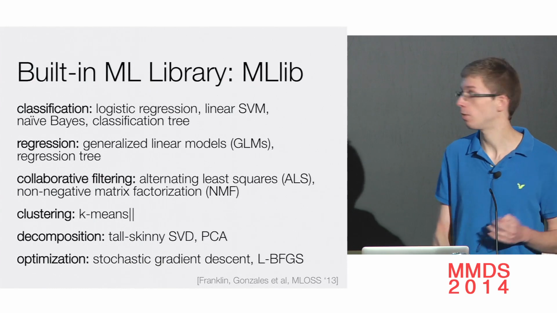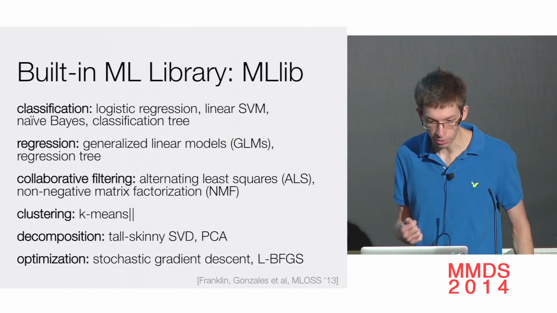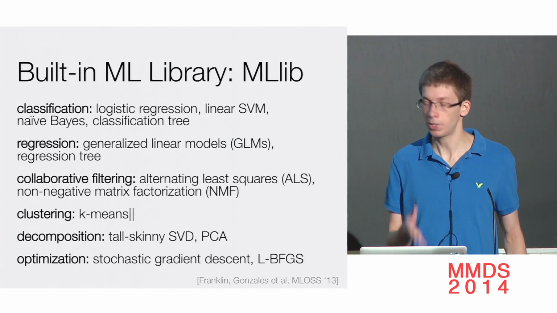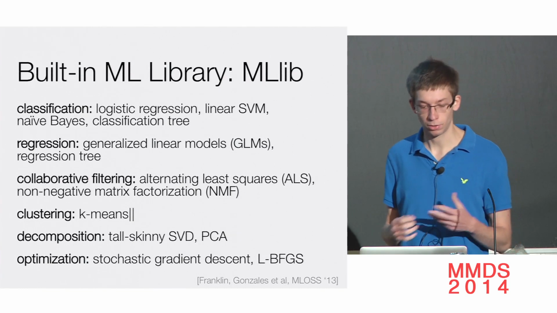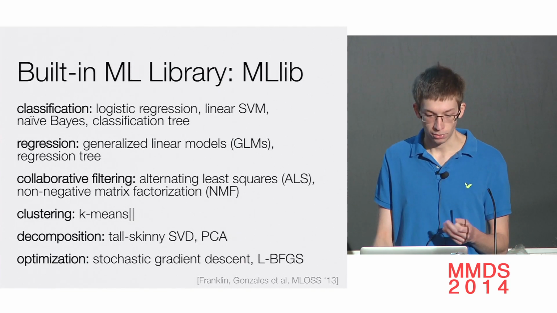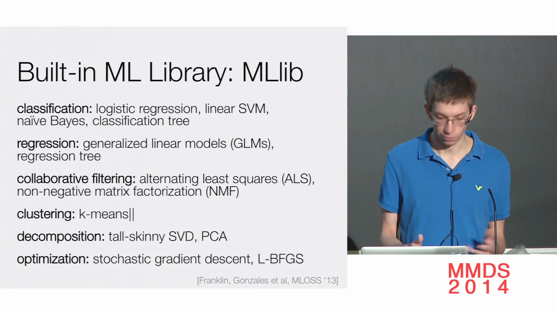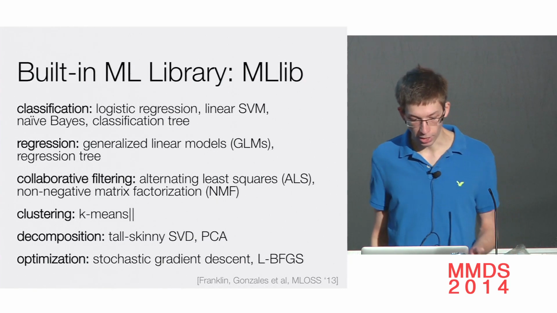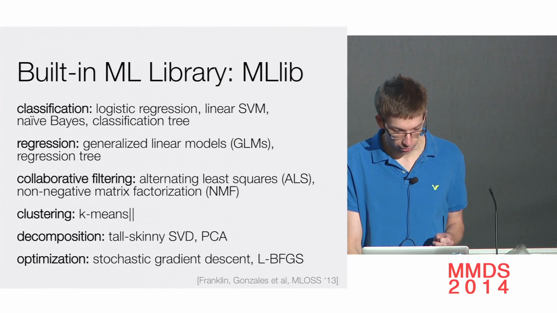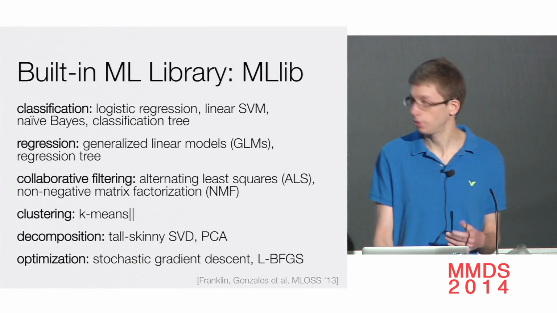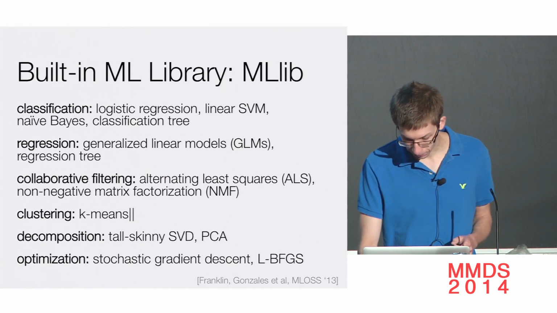And since then, we've gotten a bunch of these algorithms contributed to it. Right now, these are still fairly basic ones, but it's good. The really good thing is that they're all designed to scale out, and they take advantage of tricks like data partitioning and caching and so on to execute well on a cluster. So these are some of the ones down there.